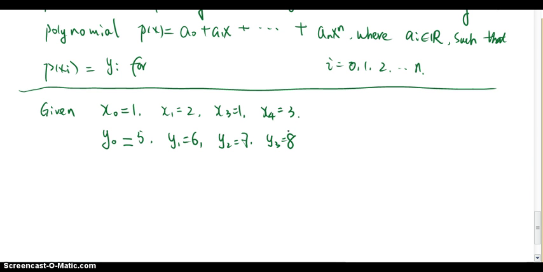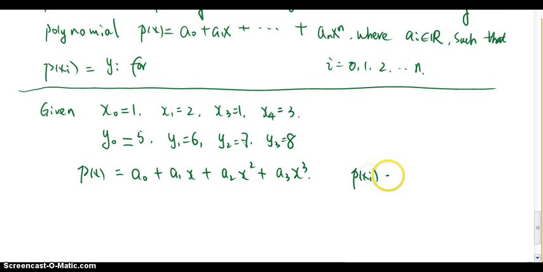So in fact, you're given the values of x and y's, so can you prove that there exists exactly one polynomial p of x is equal to a0 plus a1x plus a2x squared plus a3x to the power of 3, such that p of xi is equal to y of i. So in fact, we're looking for this polynomial p of x, so that p of xi is equal to yi. So let me write this down first.